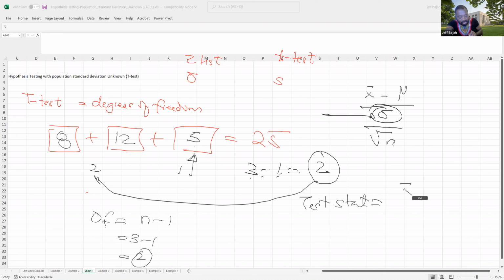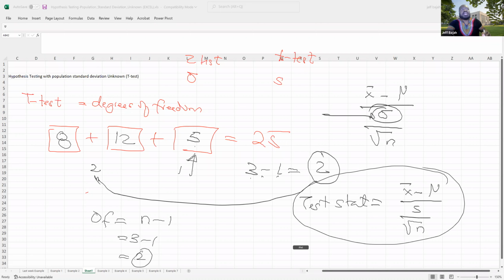And so what we tend to do is we use the sample standard deviation over the square root of n. Those are the two key differences between what we did in the last video and what we're going to do today, right? We're going to use sample standard deviation instead of population standard deviation. That's 1. 2, in calculating our t-test, we're going to use degrees of freedom, which is n minus 1, to help us do that.